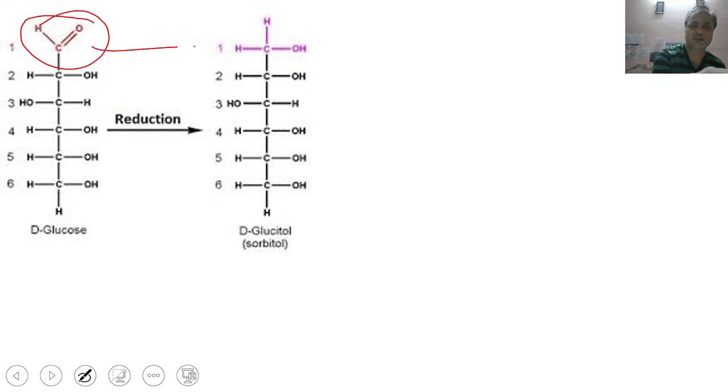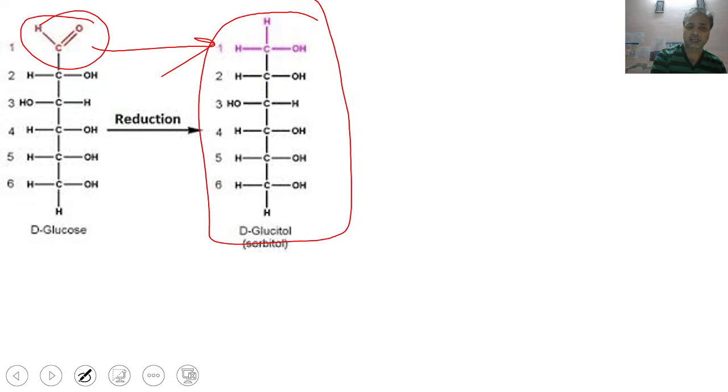So this will be converted to alcohol, so you will have a primary alcohol, and this is called sorbitol, or commonly glucitol. More commonly we call it sorbitol. Similarly, in the case of galactose everything will be the same. At the fourth carbon, OH will be on this side. So every product will be the same. If I put OH on this side, it will be called galactitol.